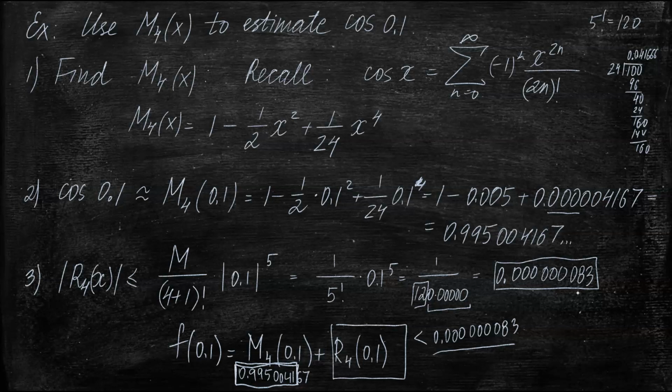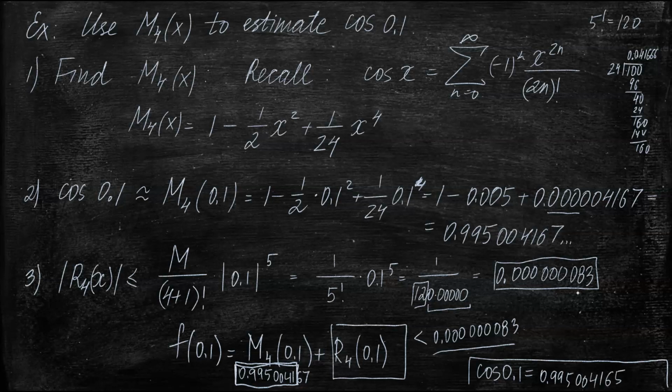And you can easily check that, so you can grab a calculator and actually compute cosine of 0.1. Make sure you put radians mode. If you use a calculator, you'll see that cosine of 0.1, the exact value, is actually 0.995004165.